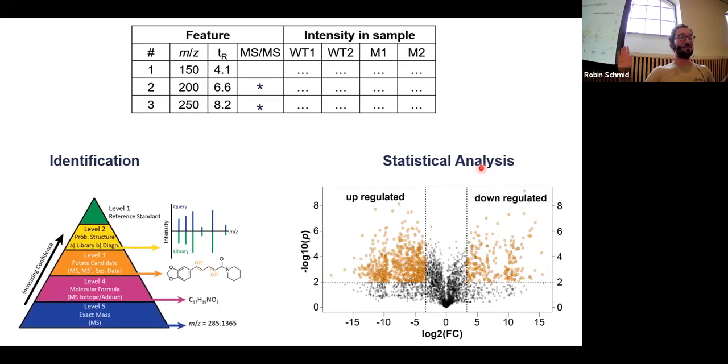Now I'd like to sketch two analysis schemes. Some people might go in and just identify everything. They do the identification on all the features that they get, and then they try to derive some knowledge from there. Or some people first export everything and do statistical analysis, and then try to find significant features. I personally think the tools are ready to be used and to identify the whole data set very often.